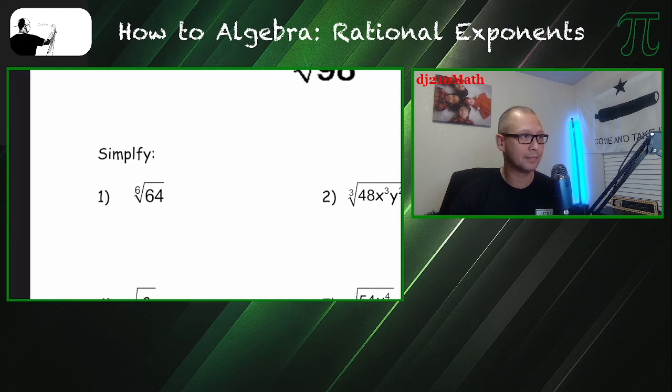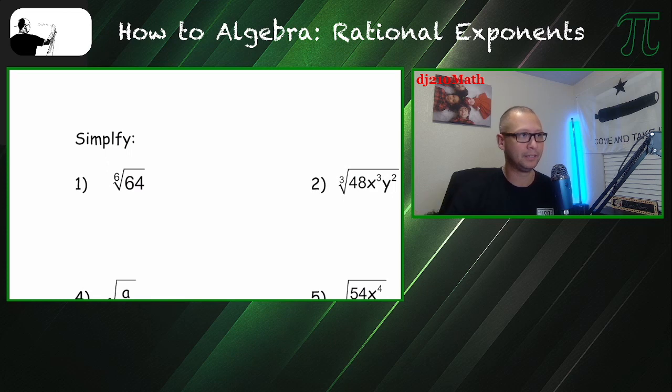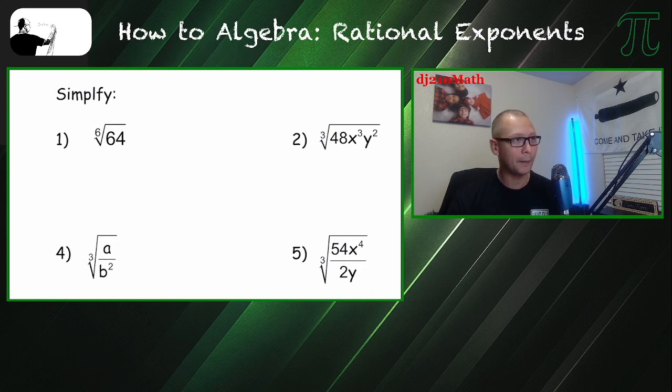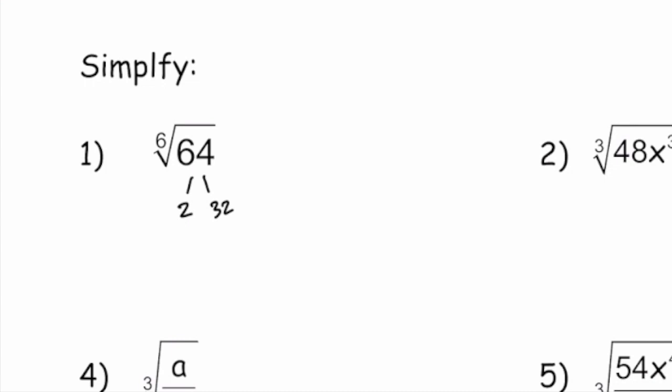So for instance, if I have the 6th root of 64, this is what I want. I want to simplify the 6th root of 64. So I need to break down 64 into 2 and 32, 2 and 16, 2 and 8, 2 and 4, and then 2 and 2.